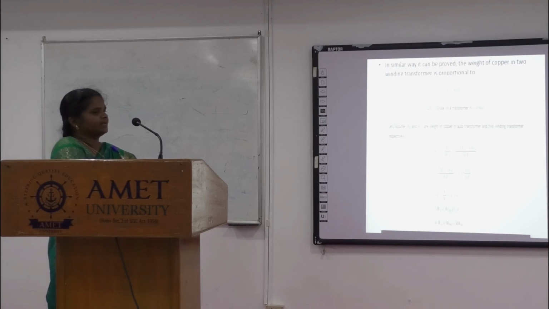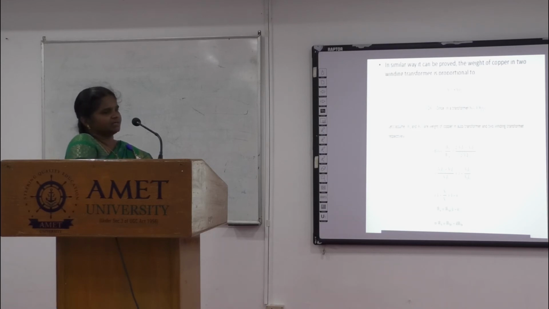Let us compare the weight of the two-winding transformer with the weight of the auto transformer. In a two-winding transformer, the primary winding has N1 turns and carries the current I1. Similarly, N2 is the number of turns in the secondary winding and I2 is the current in the secondary winding.